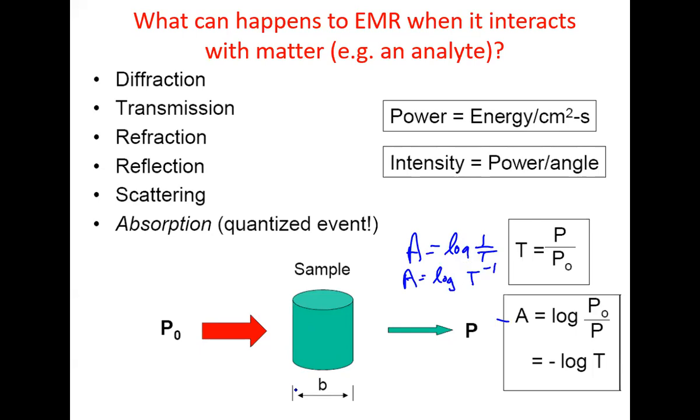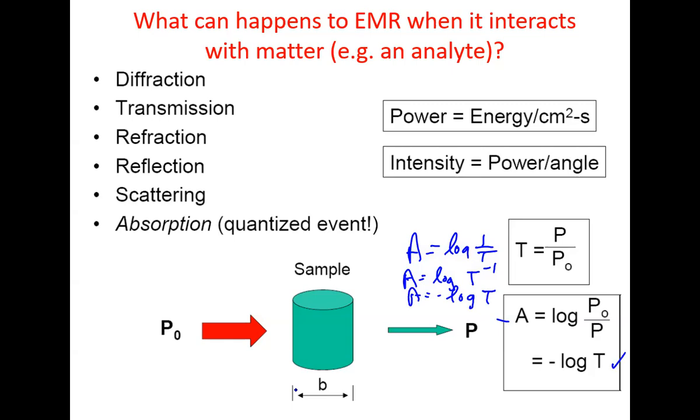And by the laws of logarithms, you take that exponent to the outside. So that becomes A is equal to minus log T. Does that make sense? This is the formula that we normally use: A equals minus log T.